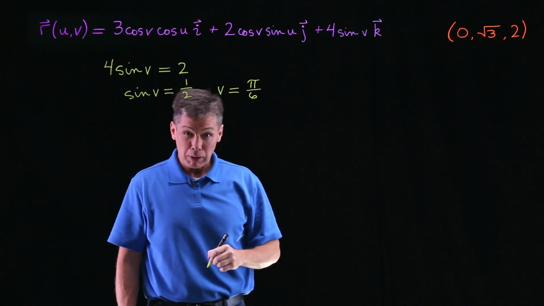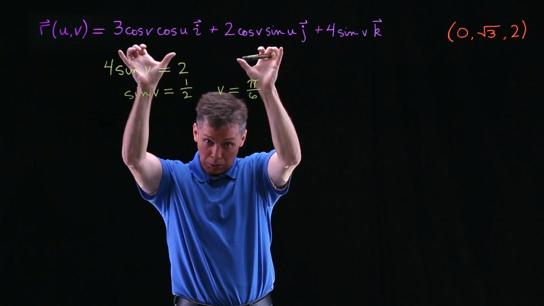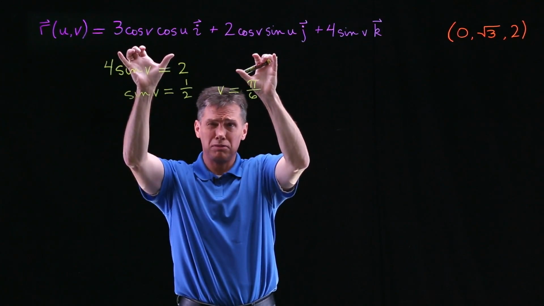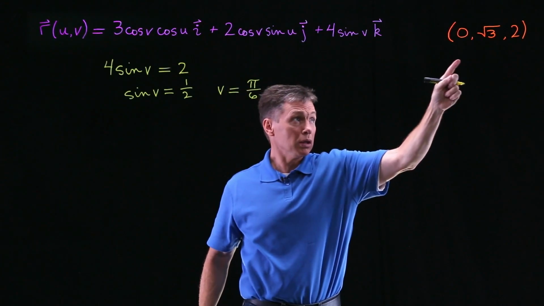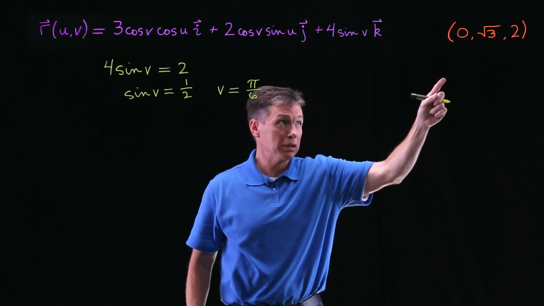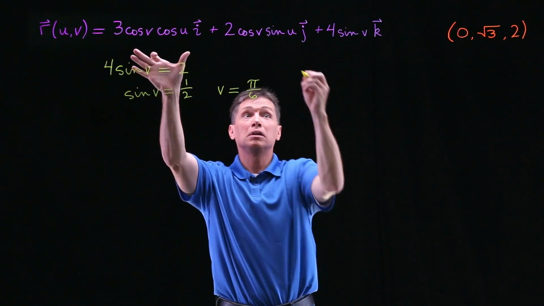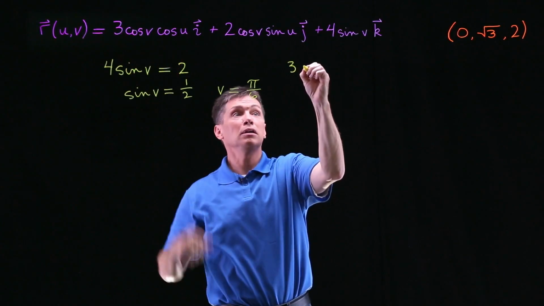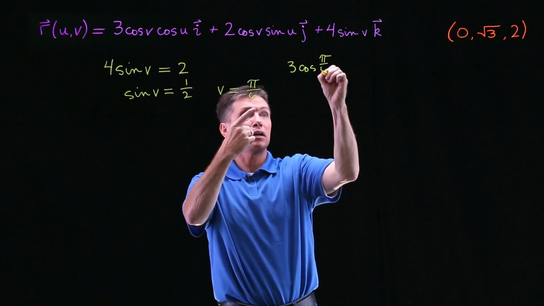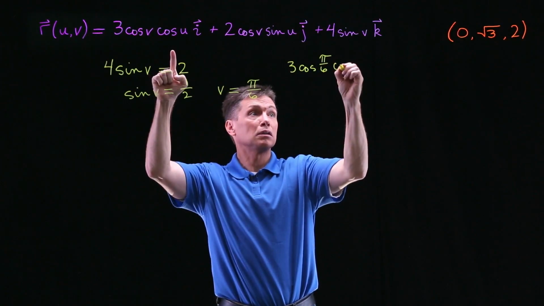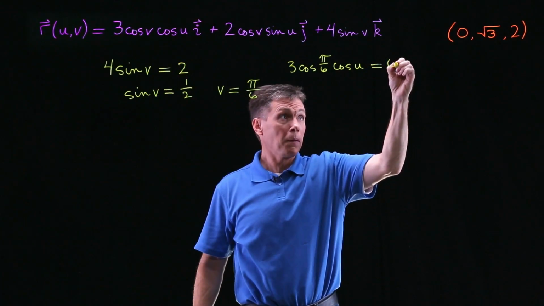All right. Now that we have a specific value for v, I can grab either one of those first two components, put in that value of v, and solve for what u will equal based on the other coordinates. I would pick the first one. You got to love a 0, right? So that comes from this first component. I now know that 3 cosine of pi over 6 times cosine of the unknown u has to equal 0.